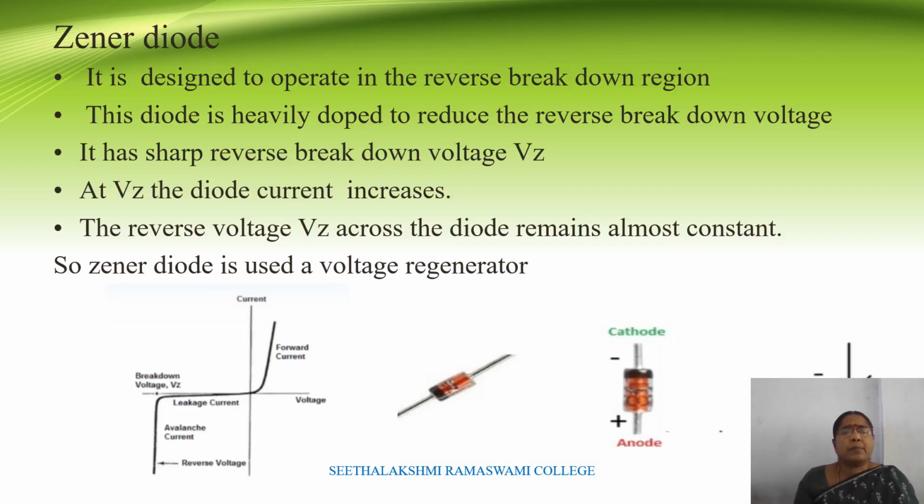In reverse breakdown, the Zener gives a constant output voltage and the diode current is increased. So, the Zener diode is used as a voltage regulator. The symbol of the Zener diode is shown in the figure. From the graph, we see that after the breakdown voltage, the Zener gives a constant output voltage.